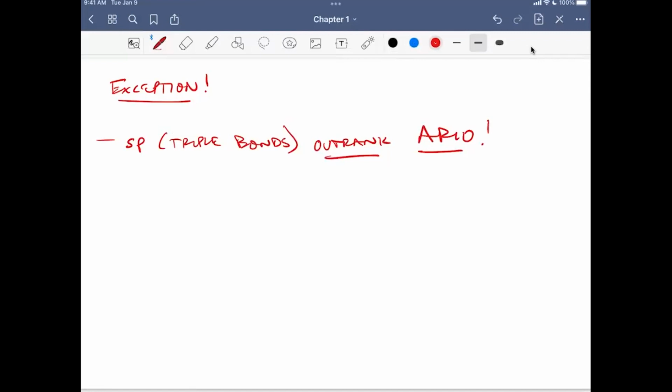So sp will overrule anything, even if the atom size in a different compound is larger than a carbon. Let's say you were dealing with an oxygen versus a carbon. If that carbon is triple bonded and the other carbon has a hydrogen, this one would outrank the size of the atom.